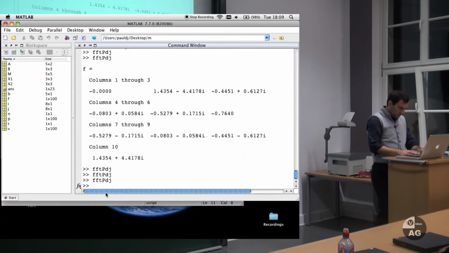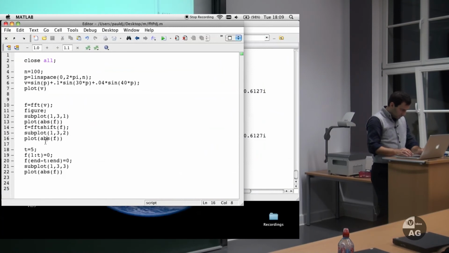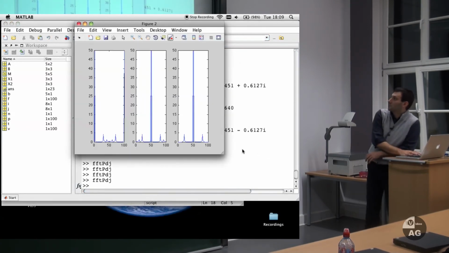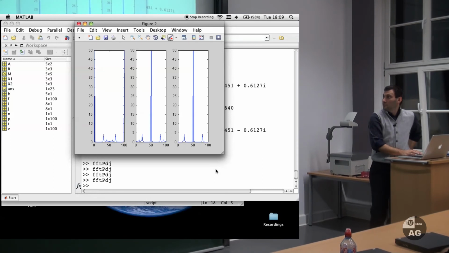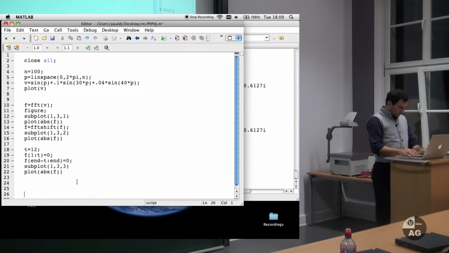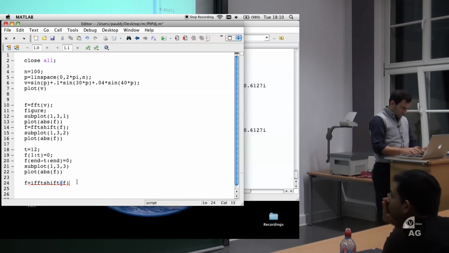Okay, let's kill a little bit more. All right, I killed something, right? All right, let's see what we can do with it. Now we do some inverse FFT shift, and then inverse FFT.